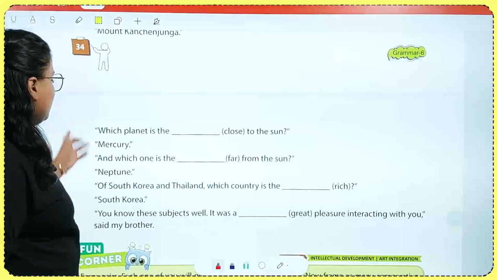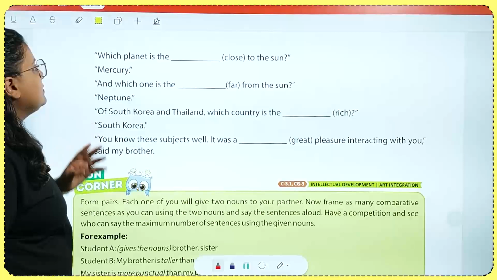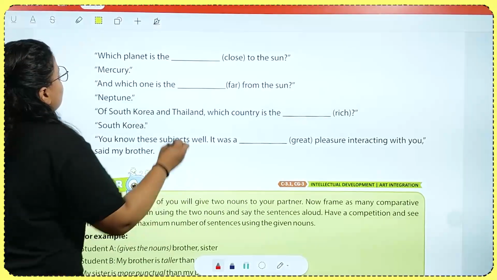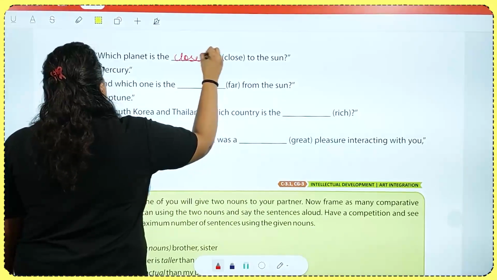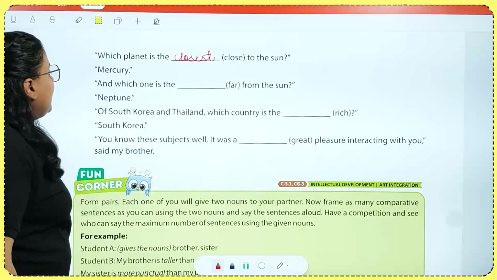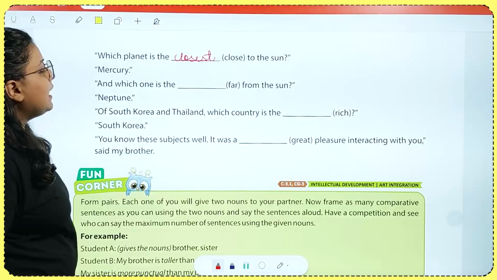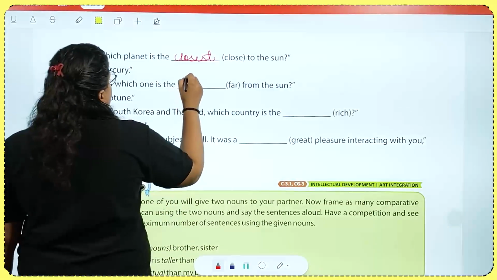Mount Kanchenjunga. Which planet is the dash close to the sun? Closest. And which one is the dash from the sun? Farthest.